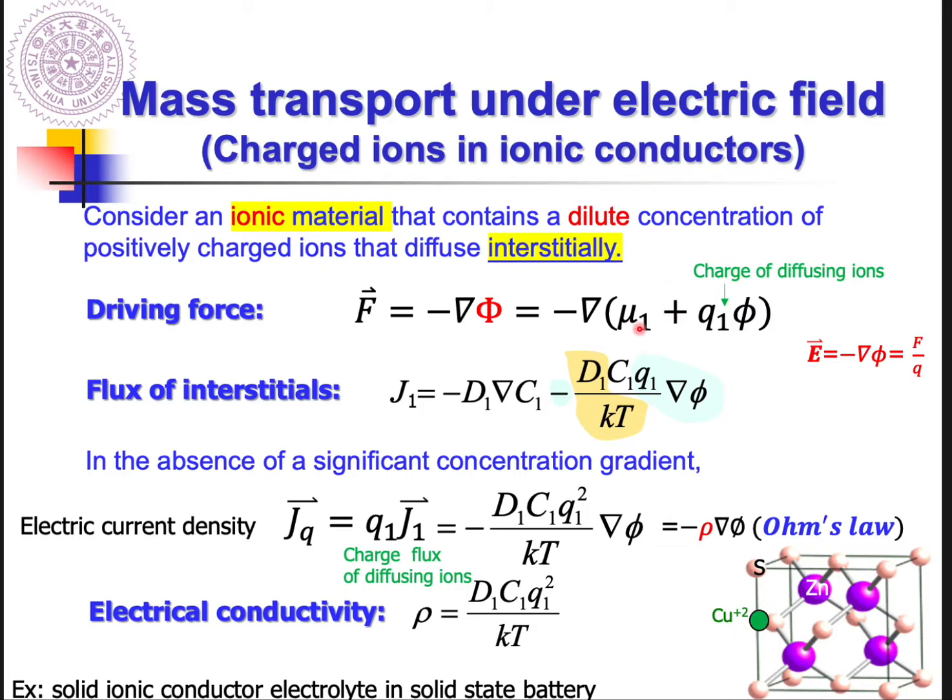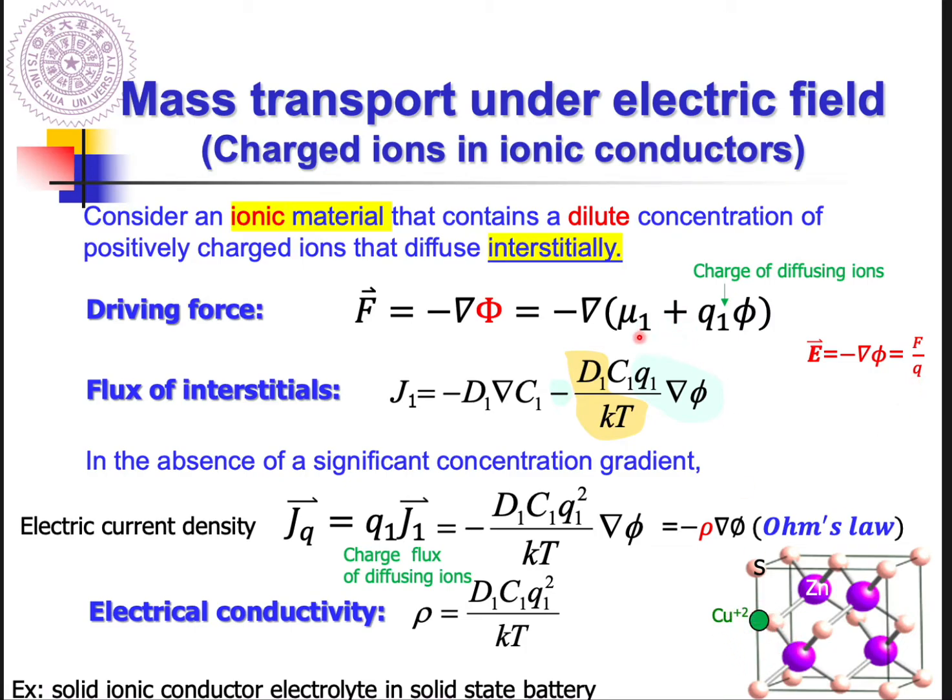The first is due to the concentration gradient, which is the chemical potential gradient. And because you also apply the electric field on this system, the second driving force is the electrical potential. But here we need to modify that, because the driving force is the electrical field, or minus the electrical potential gradient, times the charge carried by this positive ion.